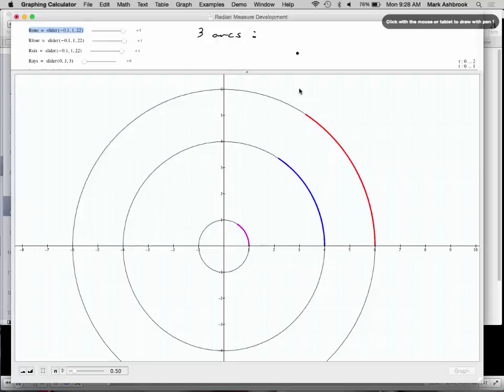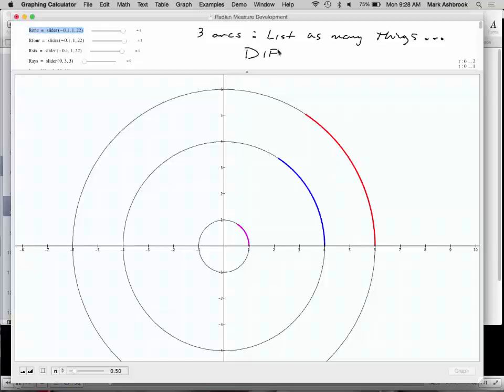So list as many mathematical things as possible that are different, and the same. You're going to make a list of things that are different and a list of things that are the same about those 3 arcs. Go. Talk with the person next to you.